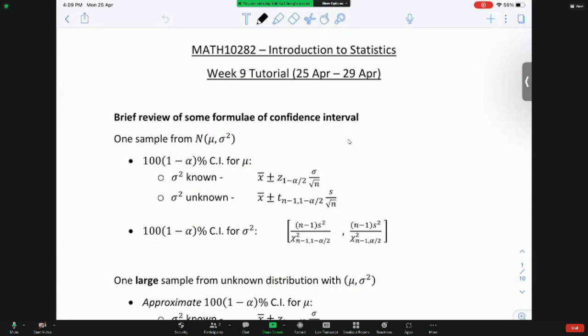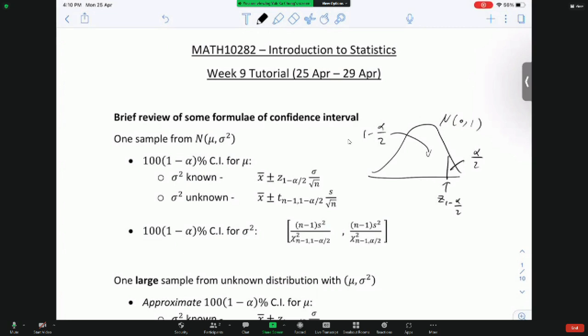Now this z_{1-alpha/2} is the quantile of the standard normal distribution that can be obtained from the standard normal distribution table or by using R. In case sigma squared is unknown, we will estimate it by using the sample variance or the sample standard deviation S. But the quantile usually is no longer obtained from the normal distribution.